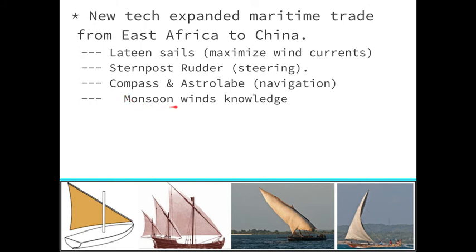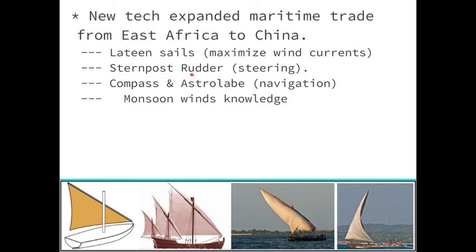People learn about the monsoon winds. People learn how to navigate, not get lost in the giant oceans, using technologies like the compass, which is from China, or the astrolabe, which is a Greek and a Middle Eastern invention. Of course, the compass tells you north, west, south, and east. The astrolabe tells you how far north or how far south you've gone from the equator.